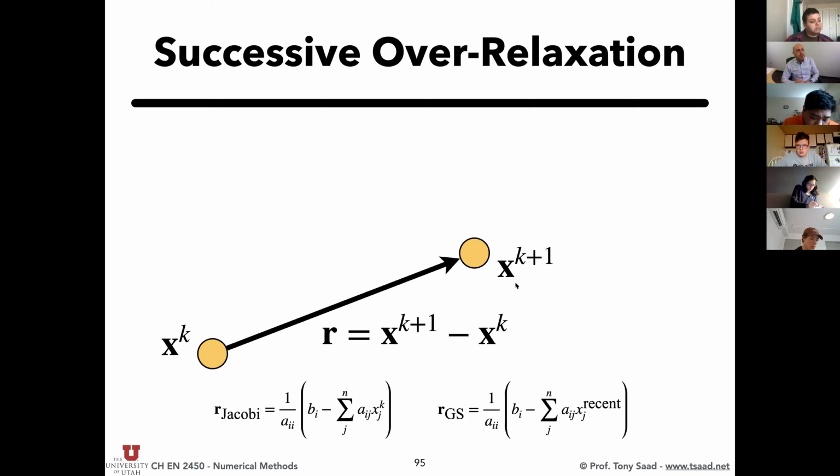Now, what if we want to move faster along R? Think of R as the direction vector from xk to xk plus 1. What if we amplify that vector so that we move faster in that direction? In other words, what if we multiply our recipe by a number?